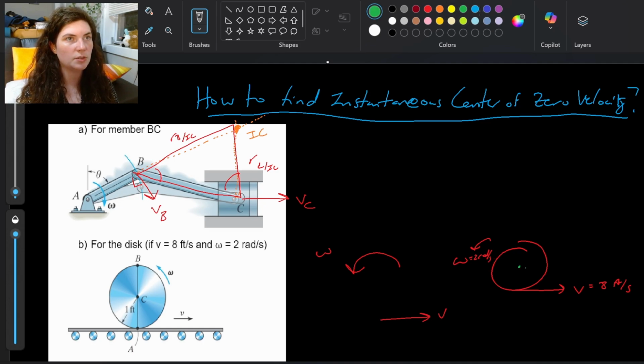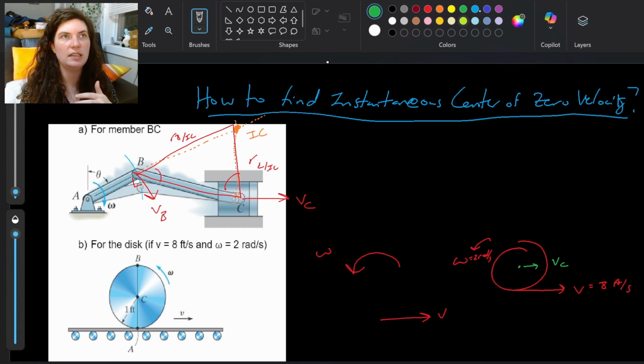They didn't tell us what our center velocity is, but because this conveyor belt is moving us along, even though we're rotating in the other direction, the overall cylinder as it's rotating is going to be moving to the right. I'm going to call this VC. So that's like my parallel line, right? I've got these two parallel velocities going on.